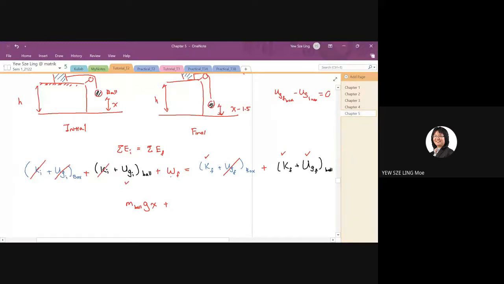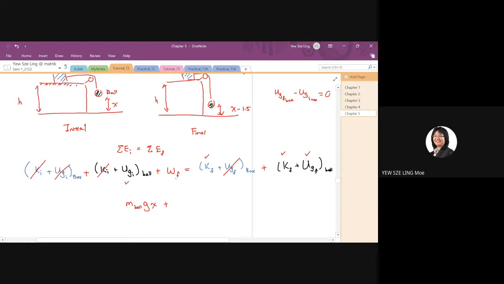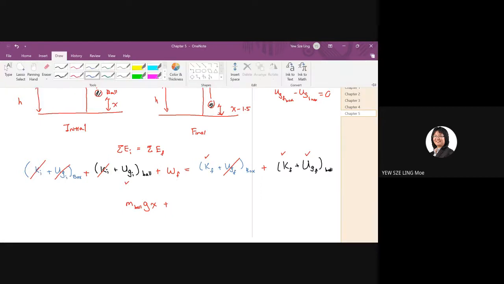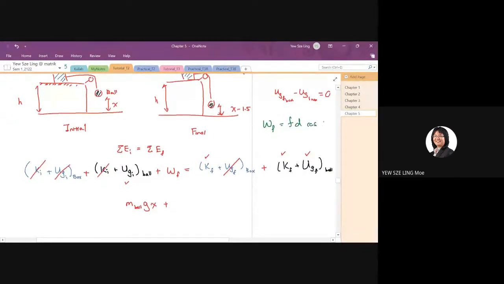now I want to calculate the speed, but if you look at the question, I don't have the energy loss. What I do have is just the coefficients of kinetic friction. So let us recall, what is the formula for W? For W, W friction is equal to Fd cos theta.